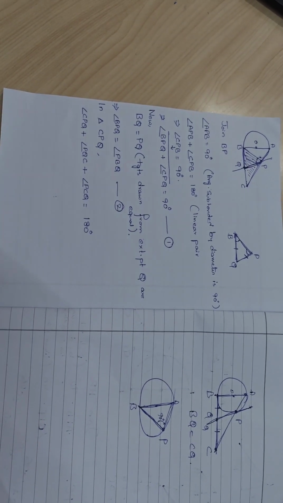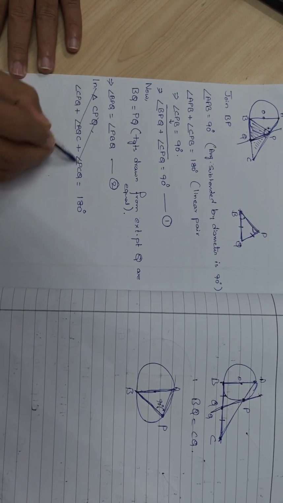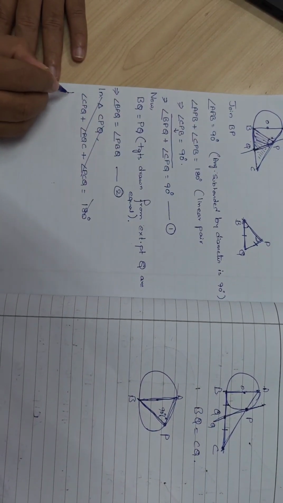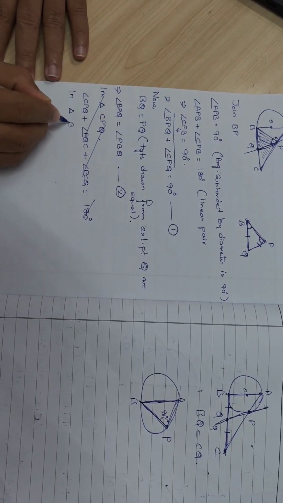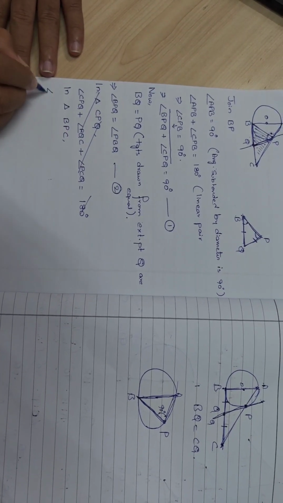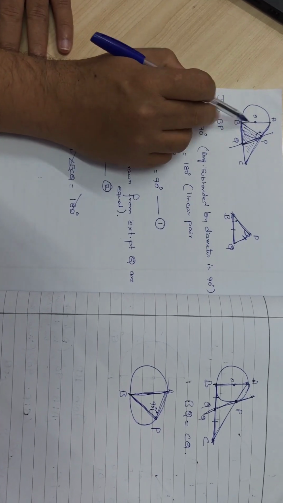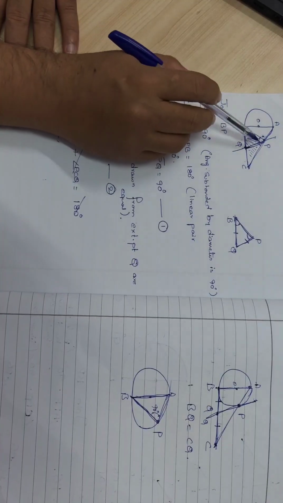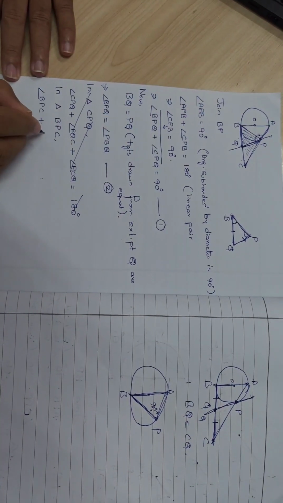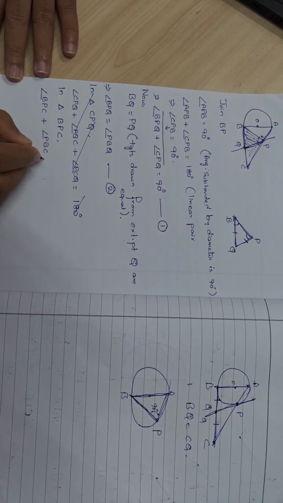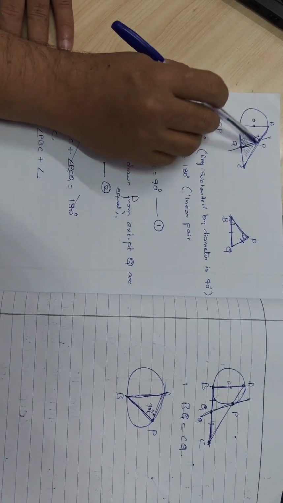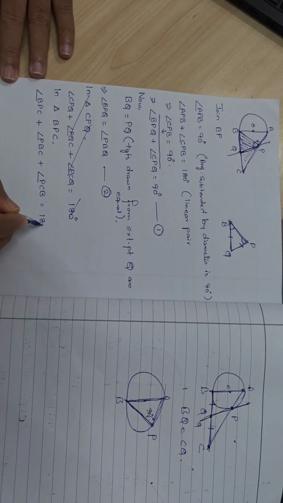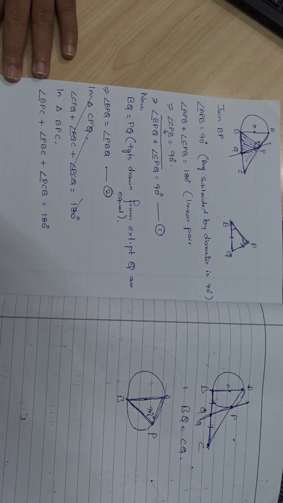No, it is not triangle CPQ, don't take that. Take triangle BPC. In triangle BPC, the angles are: angle BPC plus angle PBC plus angle PCB is equal to 180 degrees, right?